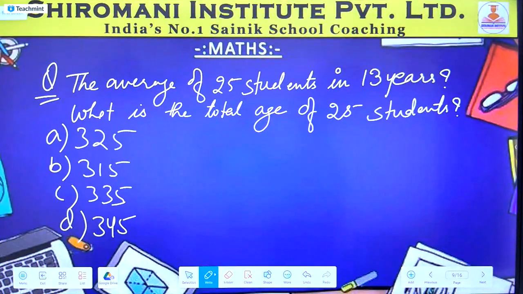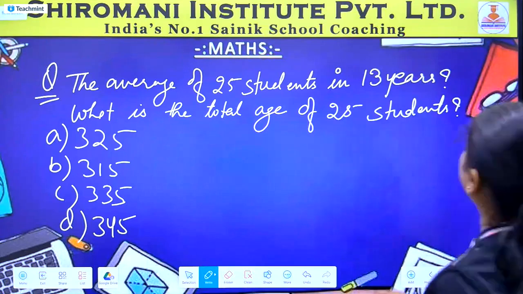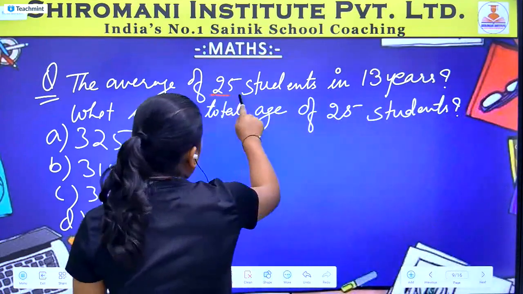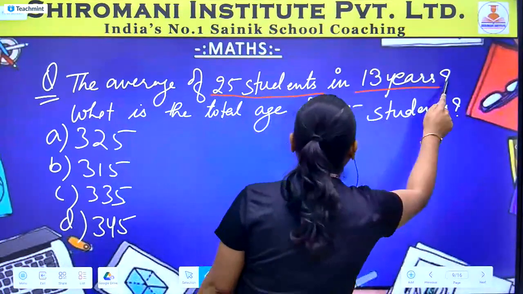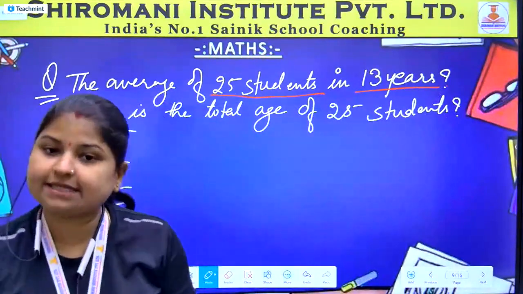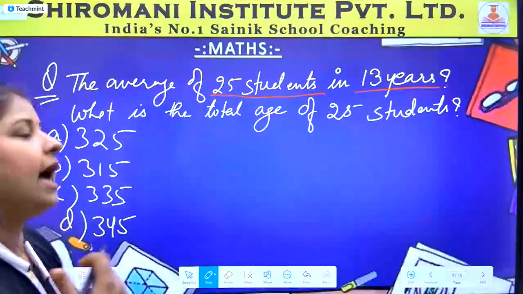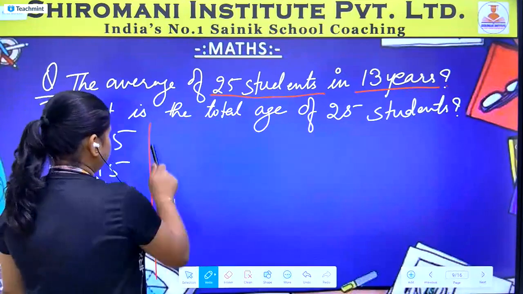Dinesh, Charan Tej and Lavanesh, very good beta. First three to answer me. Let's see how we shall do this question. It's very easy, dear. Average of 25 students is 13 years, right? I have to find the total age.